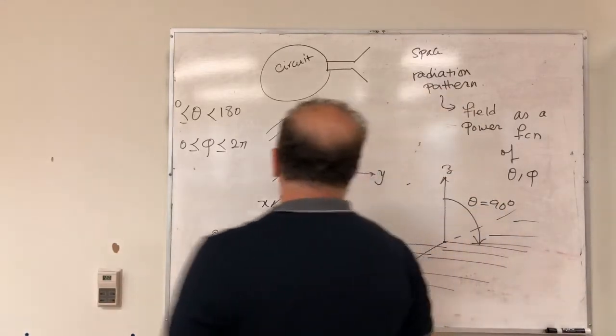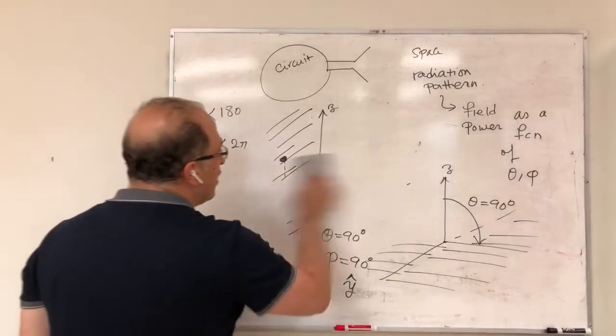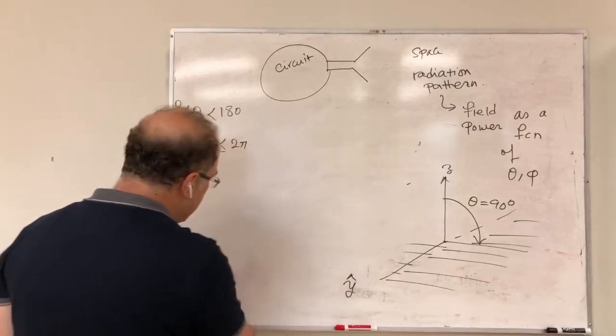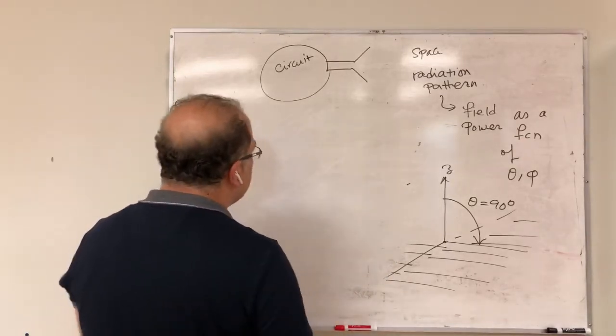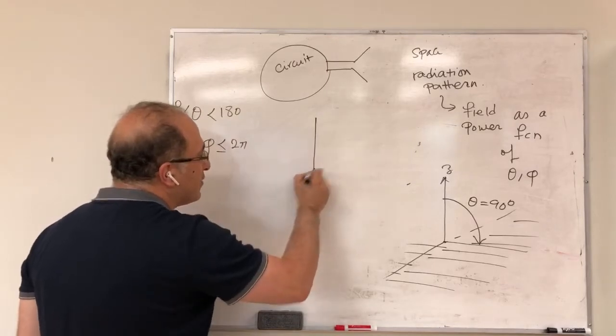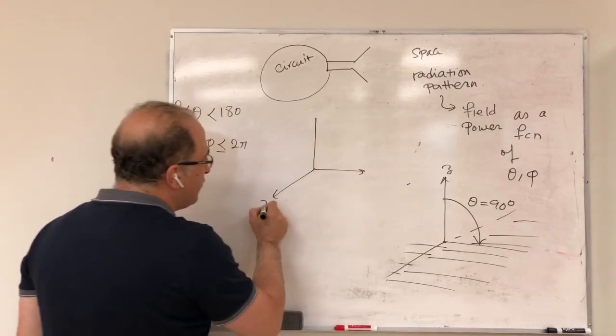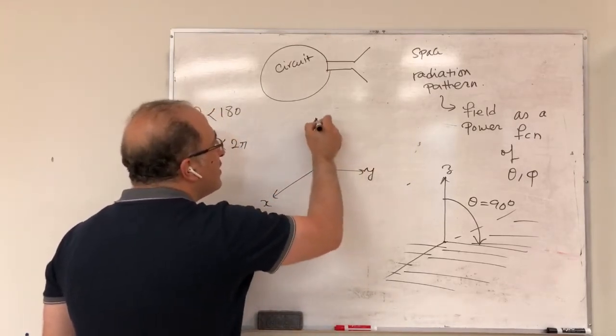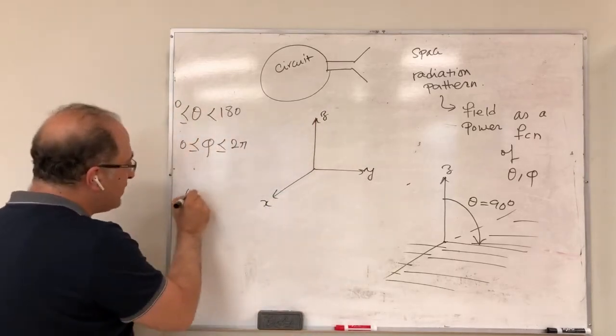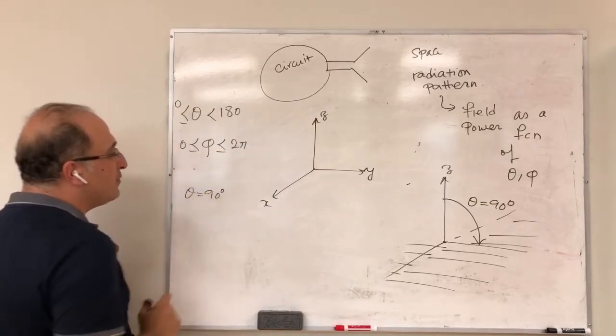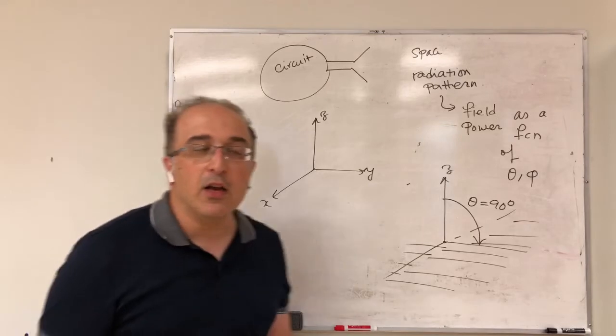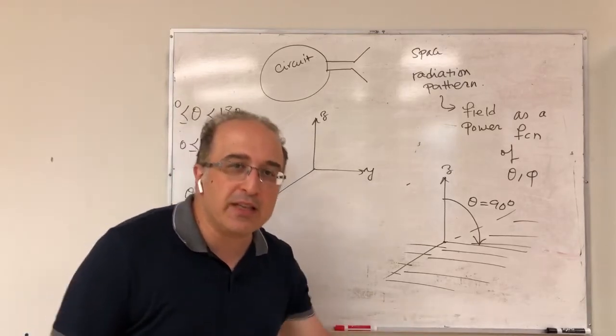So to do a little bit more practice in this regard, let's consider a couple of examples. For example, if I tell you theta equal 90 degrees, just theta equal 90 degrees, what does that mean? Is it a specific direction?